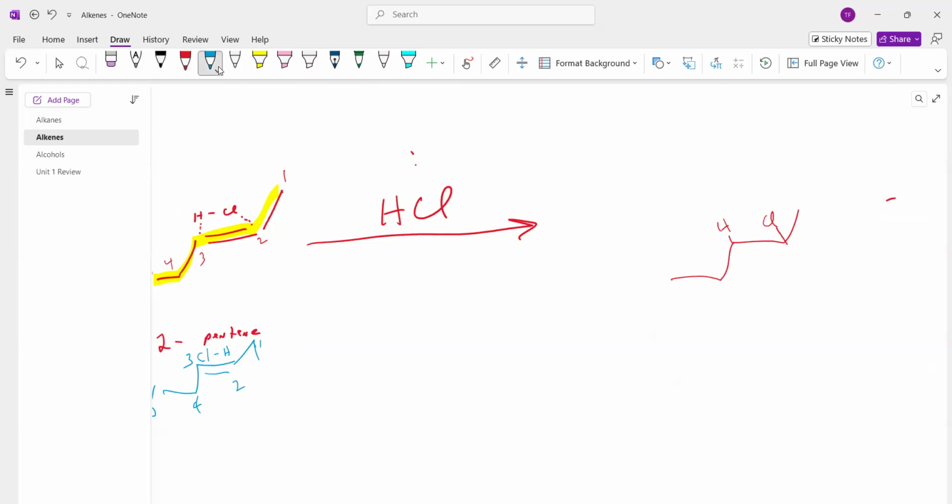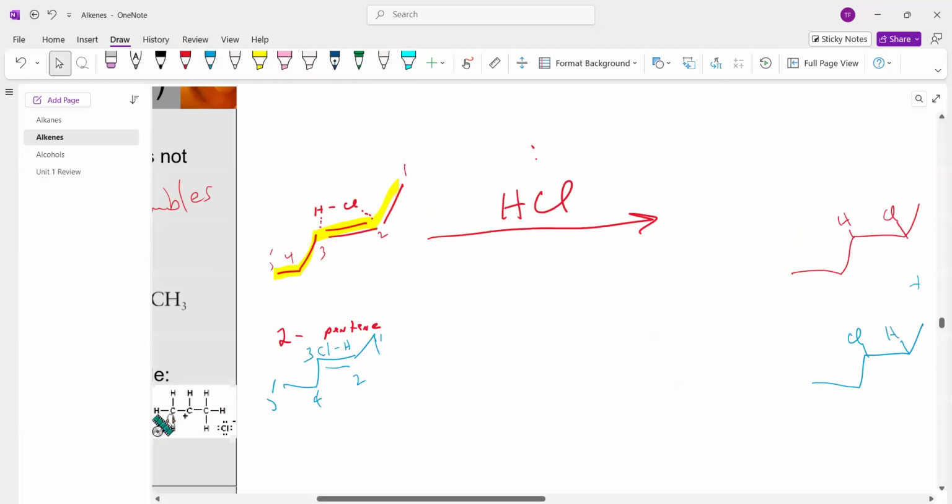With the blue, so those are the 2 products. And it happens to be just the way the HCl's land across the double bond.